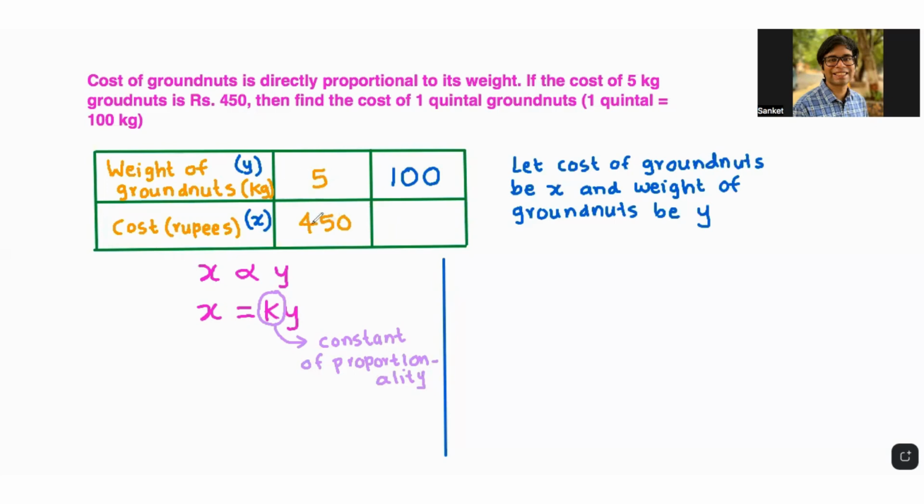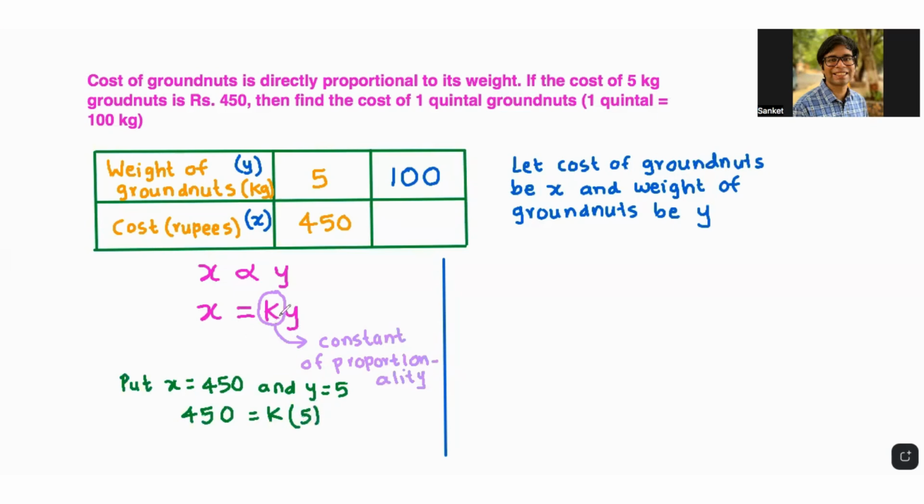I know that when x is 450, y is 5. So let us put that. Put x equal to 450 and y is equal to 5. That will help me get the value of constant of proportionality. So 450 is equal to k times 5.